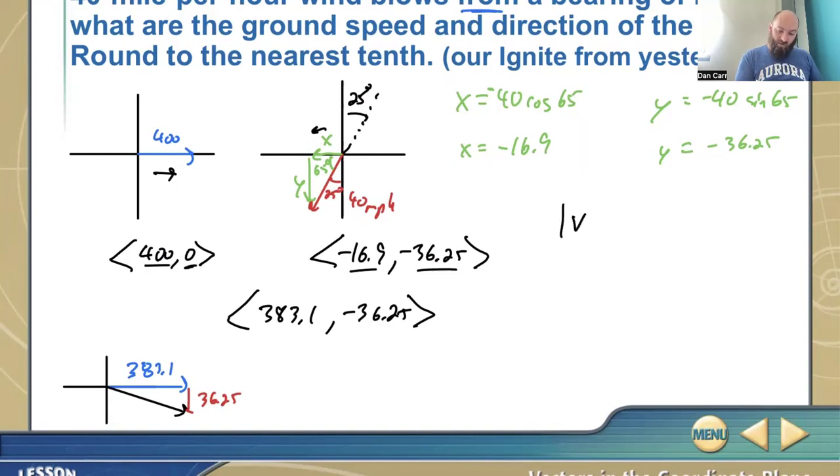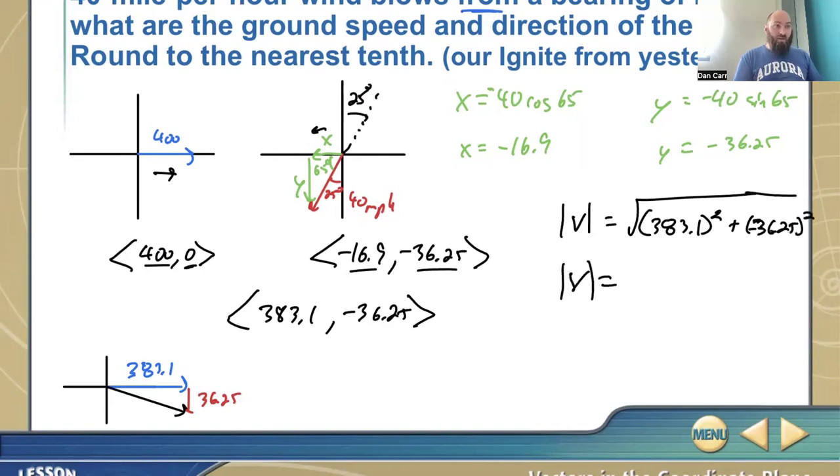The magnitude is equal to the square root of my components squared: 383.1 squared plus negative 36.25 squared. I plug that in my calculator and I get 384.8, and this is miles per hour.